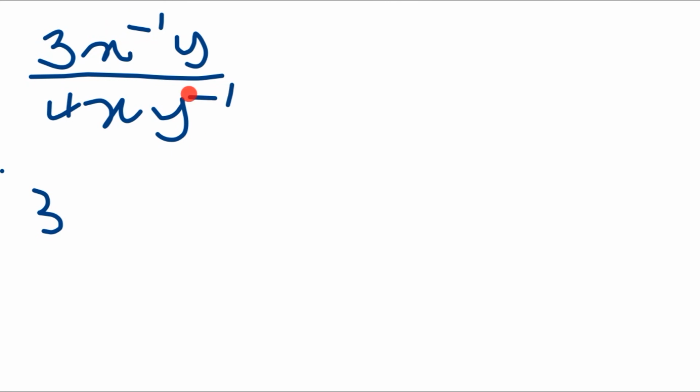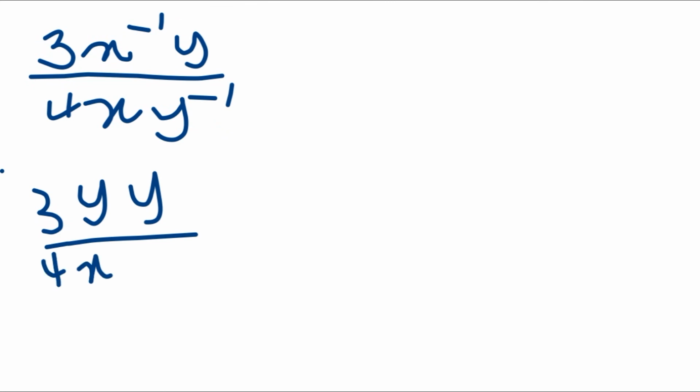So this y will go up to the numerator, so we will have y times y all over 4 times x times x, because this x came down to the denominator. y times y will give us y squared, and x times x will give us x squared.